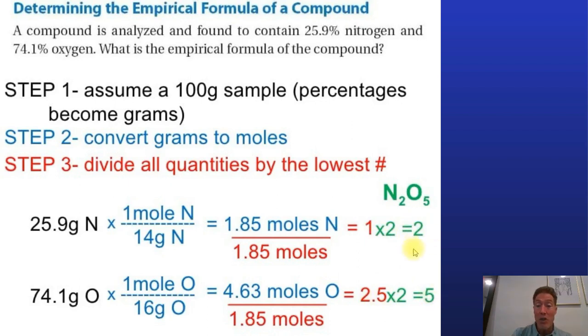This means I have 2 nitrogens to every 5 oxygens. And that is my empirical formula. N2O5. The 2 is this 2 right here. This 5 is this subscript here.